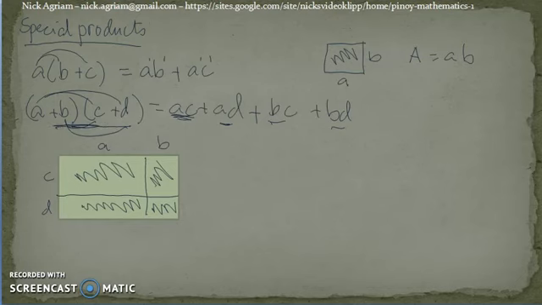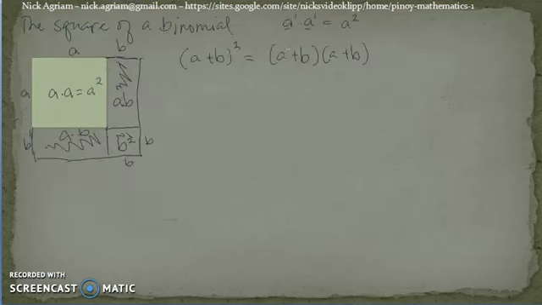This one, we can do the same. Let's see. A multiplied by A is A squared. And then A multiplied by B is AB. B multiplied by A is the same also as AB. Reminder again, AB is equal to BA. The arrangement of the variables doesn't matter.